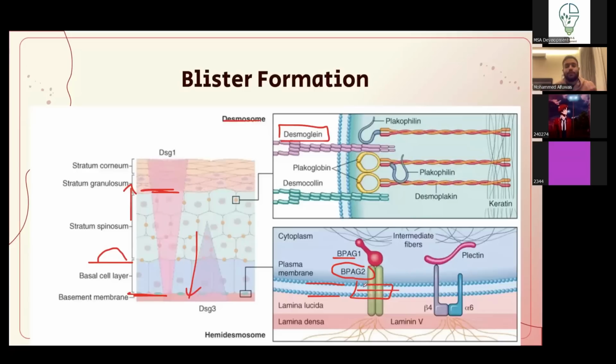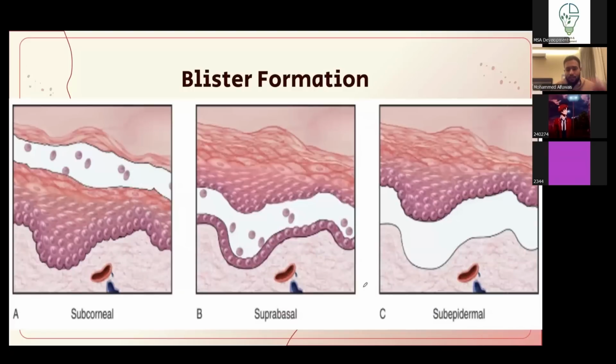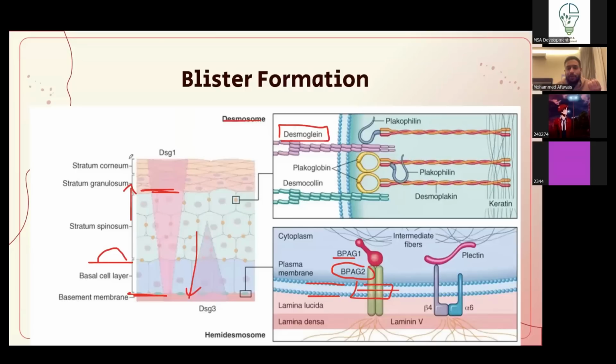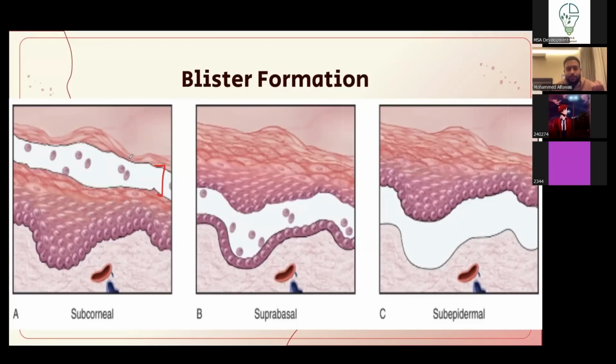Now I want you to differentiate the bullous diseases based on images. First of all, if it affects the superficial layer desmosomes, what type of desmoglein is affected? One. If it affects right above the basal layer, what desmoglein is affected? Three. So which pemphigus is associated with desmoglein 1 only, which is subcorneal?